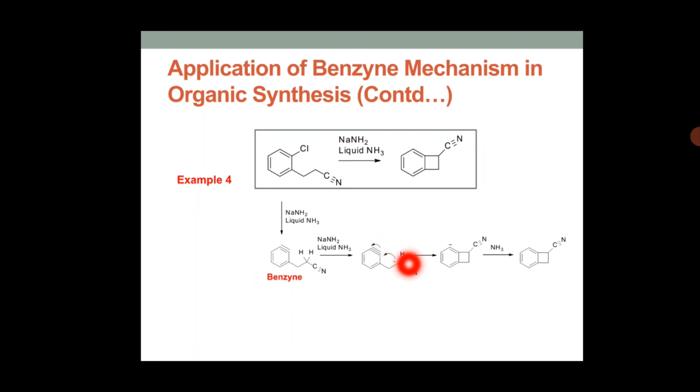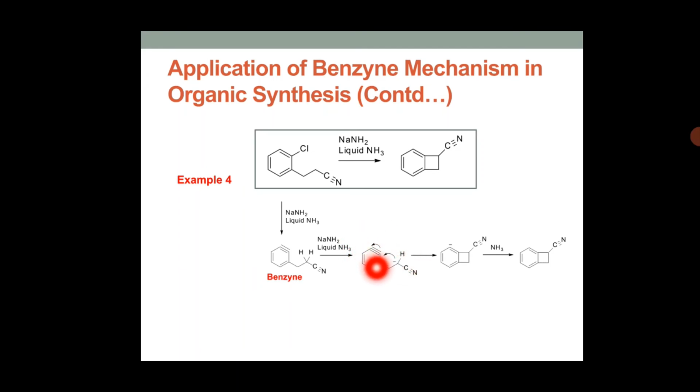This makes these protons acidic, and since we have a strong base in the medium, this acidic proton is abstracted by the base, and this leads to the formation of the carbanion.